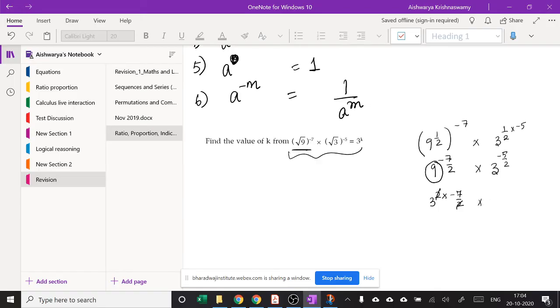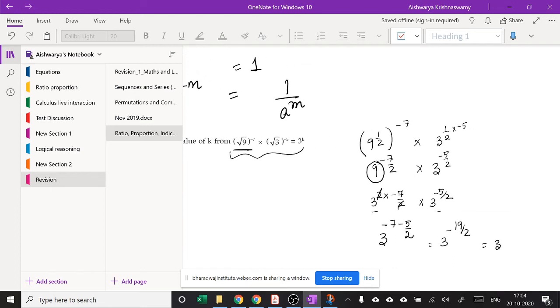So in this case, you will have these two terms. Both bases are the same, so powers can be added. Minus 7 minus 5 by 2. When I add, what do I get? Minus 14 plus minus 5 is minus 19 by 2. This is the value of 3 power k.